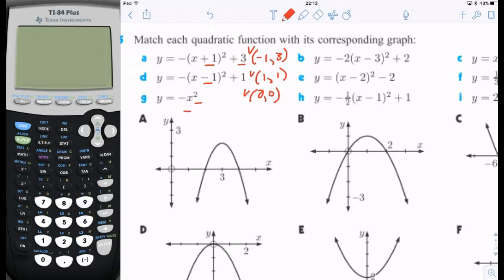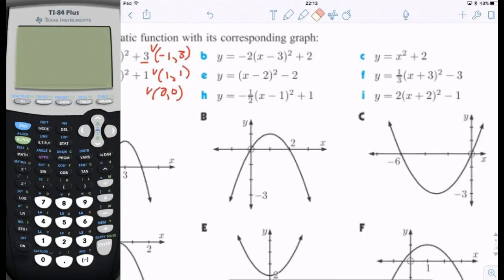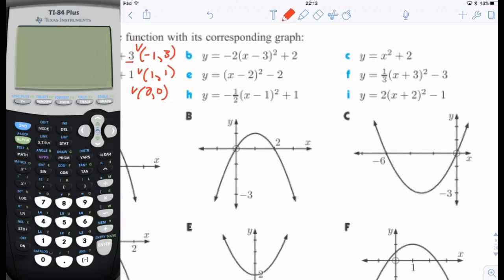Because basically this is the same thing as -x minus 0 squared plus 0. All right, moving over here. This one has -3 and 2, so h would be 3 and k would be 2. Remember that it's minus h, so -3, h would be 3.